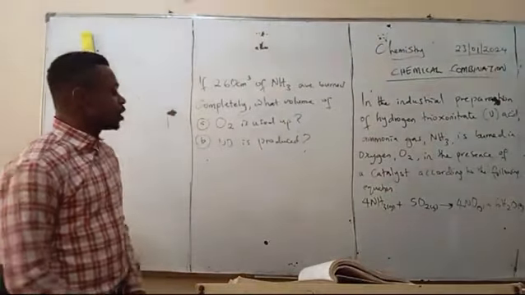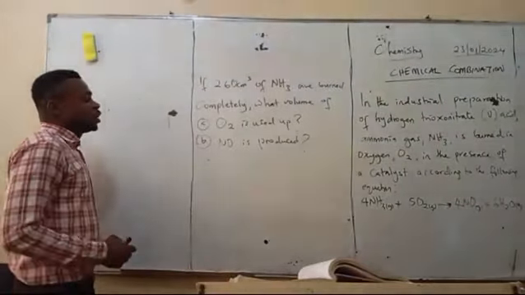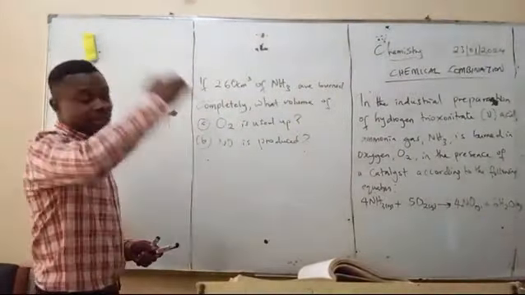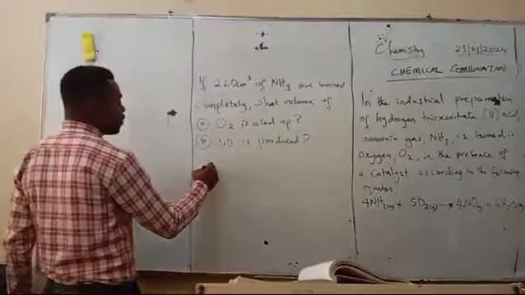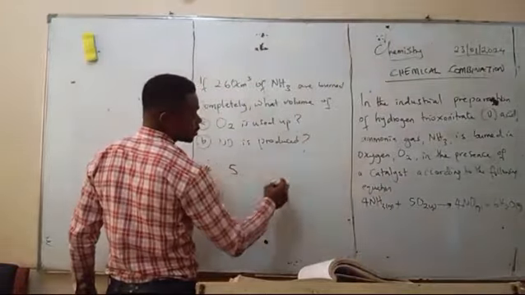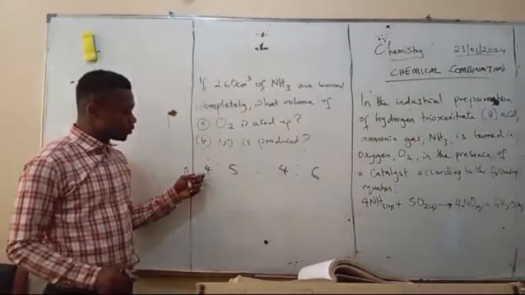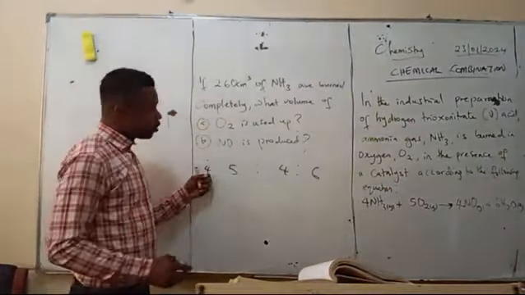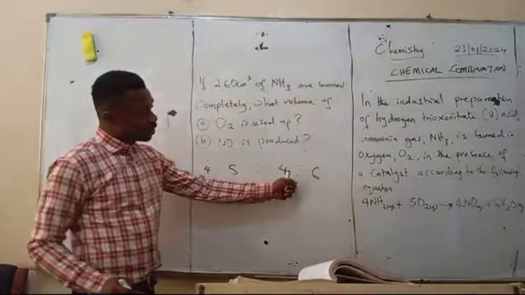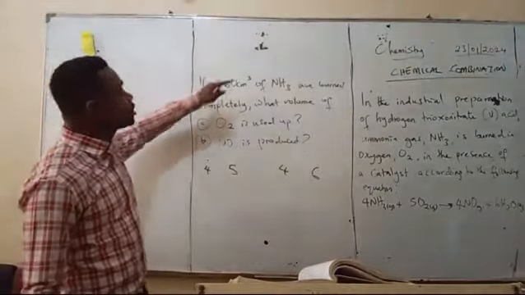Now, if you look at this equation, the mole ratio of ammonia to oxygen to nitrogen(II) oxide to steam is as follows: 4 is to 5 as 4 is to 6. These are for ammonia, oxygen, nitrogen(II) oxide, and water, steam.